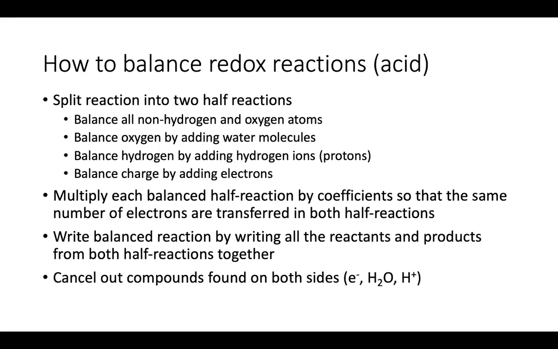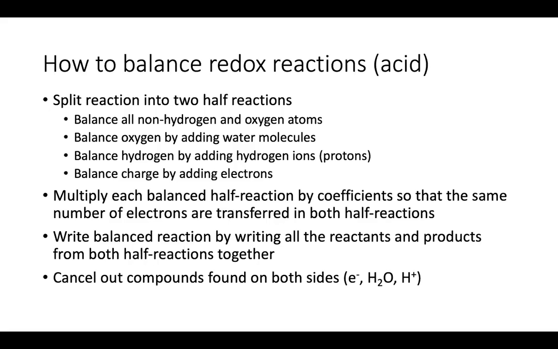One of your last steps is just to add all your reactants from both half reactions and all your products together. So just write your half reactions as one giant reaction. Then you're going to see often that you have electrons on both sides, and you will most likely have water and H plus on both sides. If this is the case, you're just going to cancel them out.